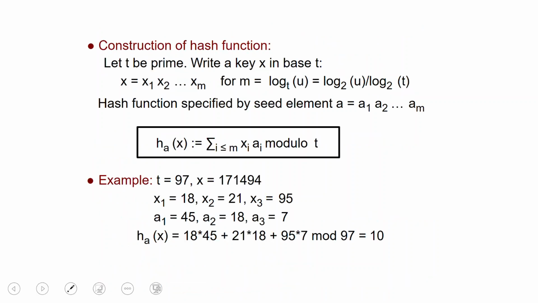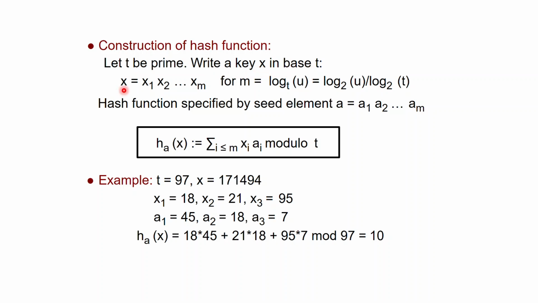And here is a specific construction of a hash function. You're going to fix t to be a prime. Remember, t is the size of the image, so you're going to map into an array from 1 to t. And for simplicity, I'm going to think of t as being a prime. And if you have a key x, I'm going to write x in base t.